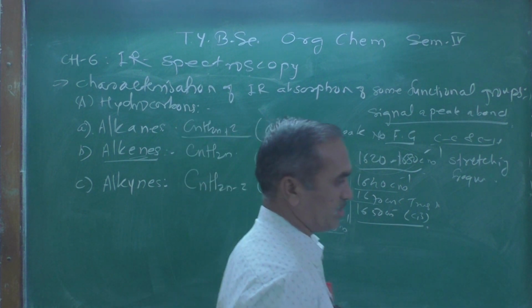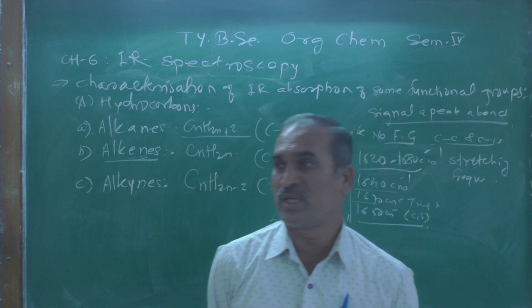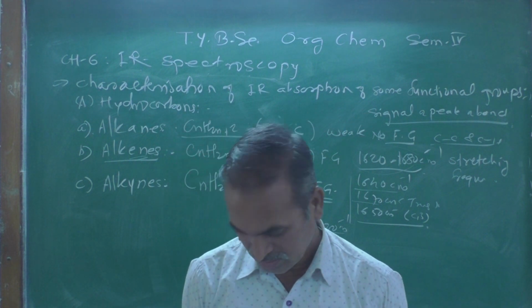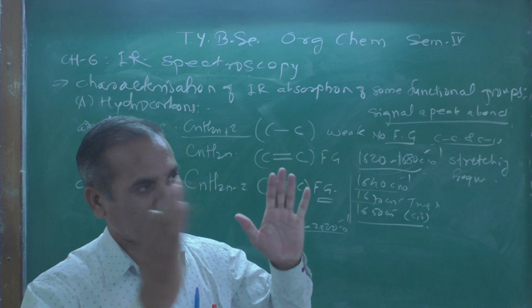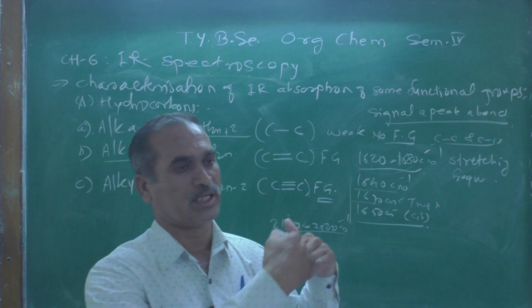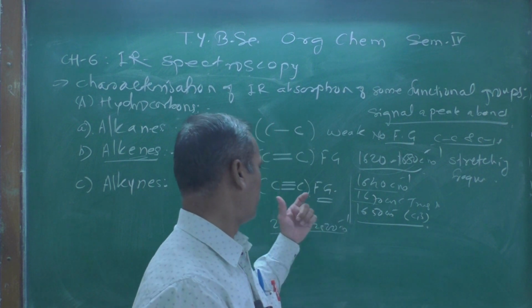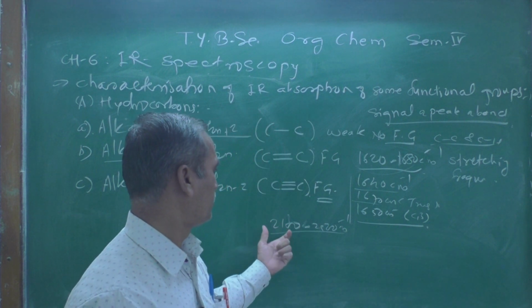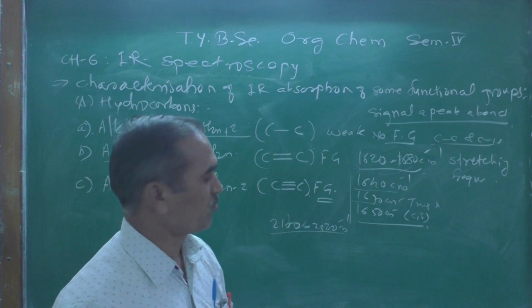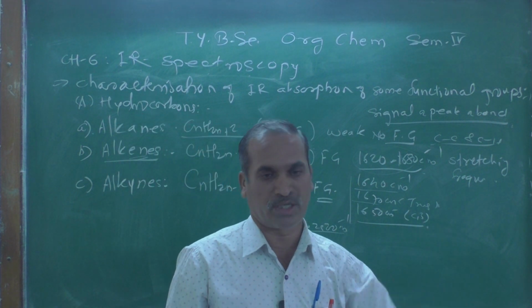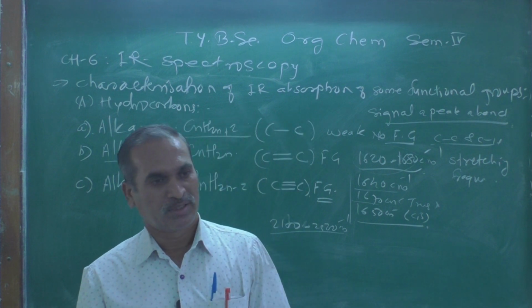This is known as the triple bond region, which we have seen during that general spectrum. We have divided it into different regions, and the band around 2100 to 2500 per centimeter is known as the triple bond region.